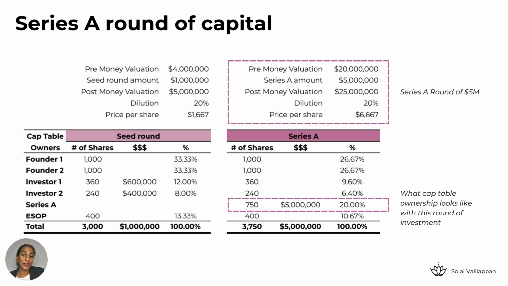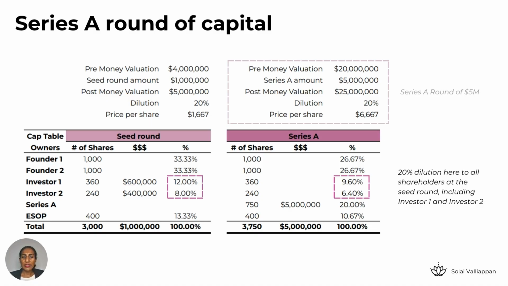This is how you can also calculate the price per share, similar to how it was done at the seed round. A new investor comes in, we'll call them Series A, and they're coming in to lead the round. If they take the whole round, then they will have 20% of the company. This also shows what the cap table ownership looks like with this round of investment.